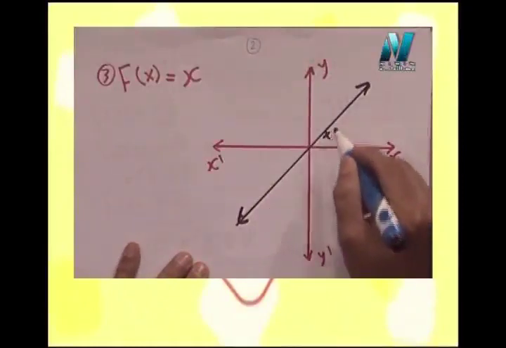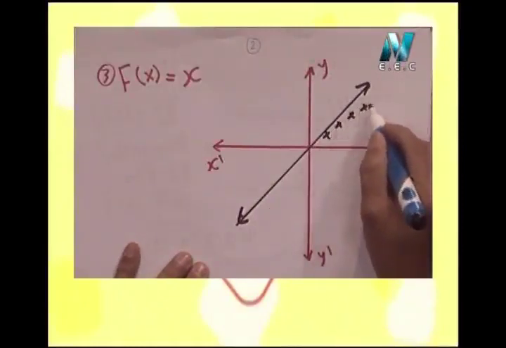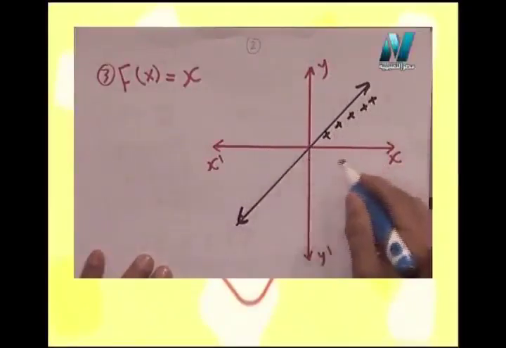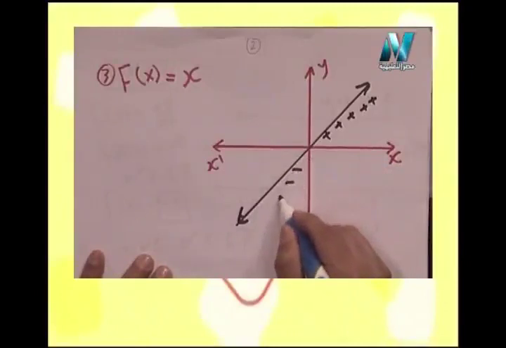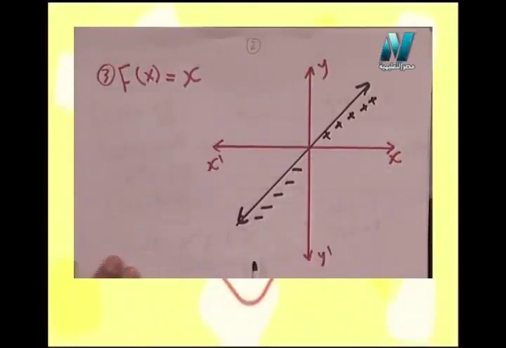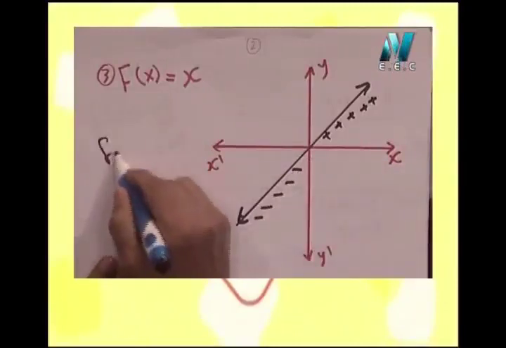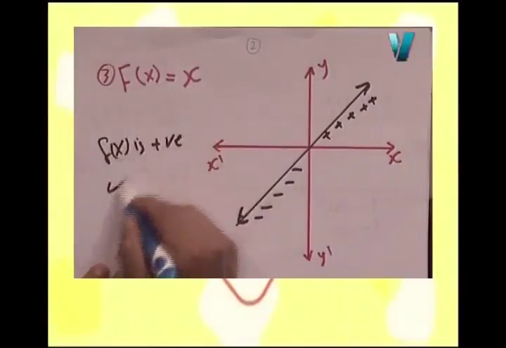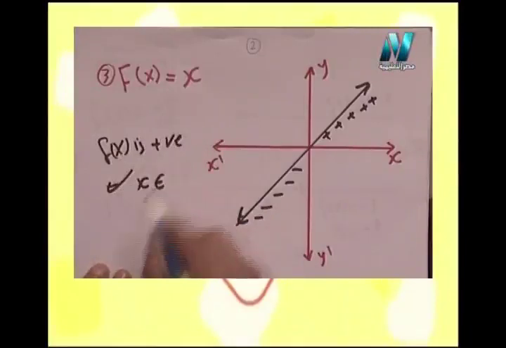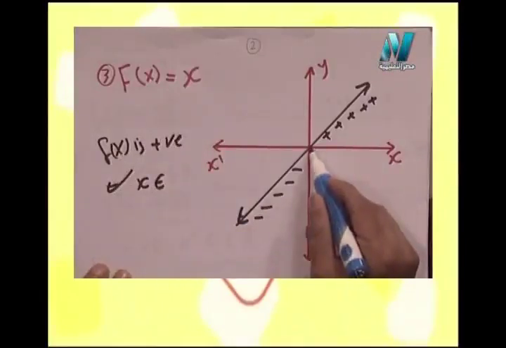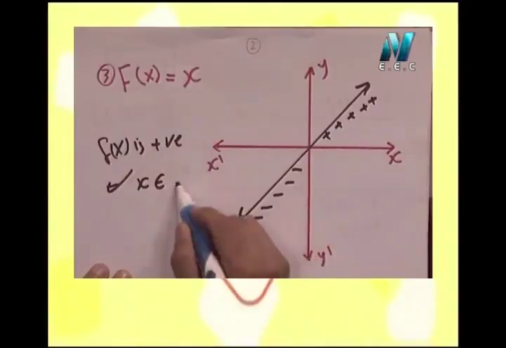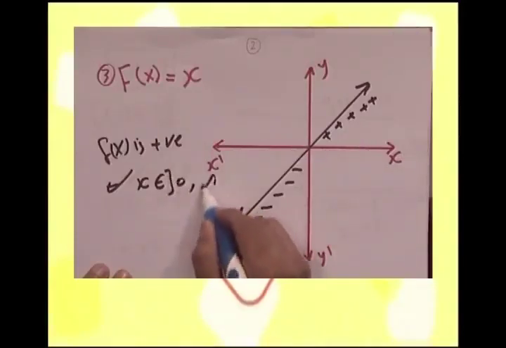Positive here, all these parts, and negative here, downward of the x-axis. So it is negative here. So f(x) is positive for all x belongs to what? Belongs to from 0 open to infinity, like that.